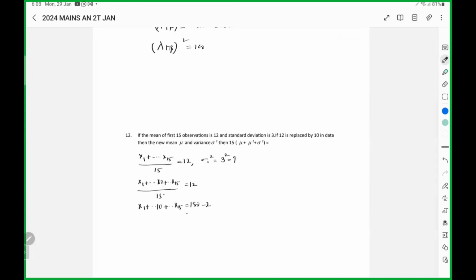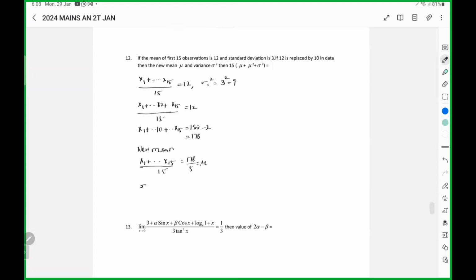If I subtract, the new mean will be (x1 to x15) by 15, which is mu for us.